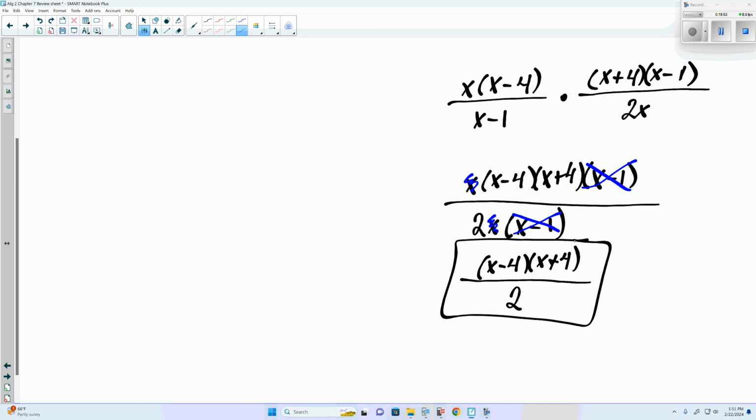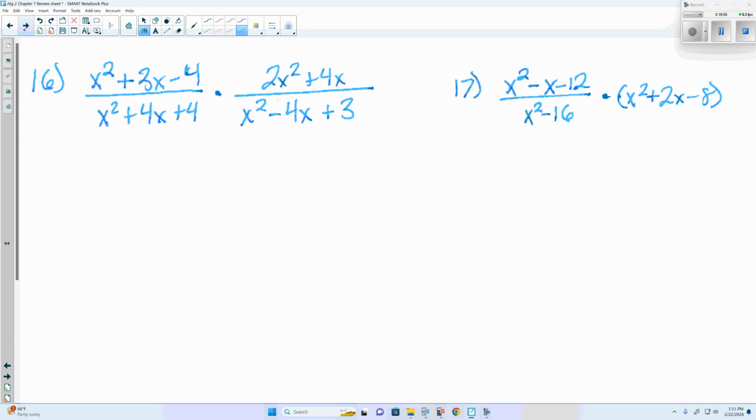Are you ready for the next one? Now, one of the four expressions here is a little bit nicer than the others, or a little bit easier to factor, at least in my opinion.